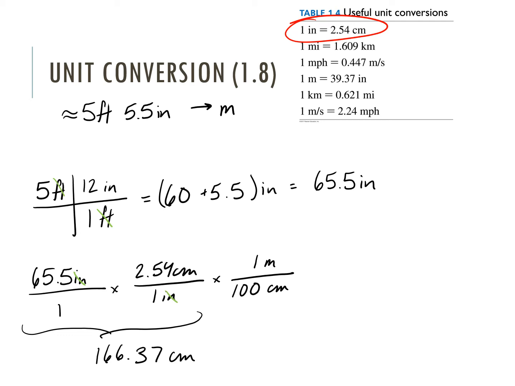Now, I need to go through and divide that by 100 in order to get my answer in meters. So when I plug that into a calculator, I get 1.6637 meters. So by being roughly 5'5.5", I'm about 1.6637 meters tall.